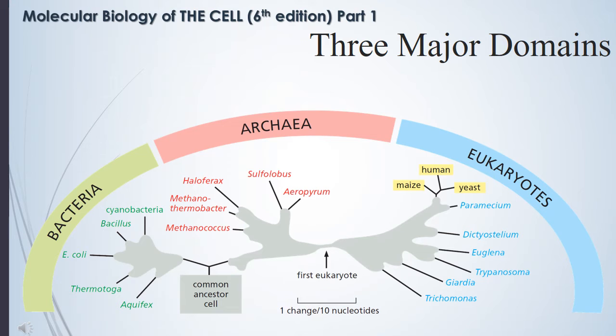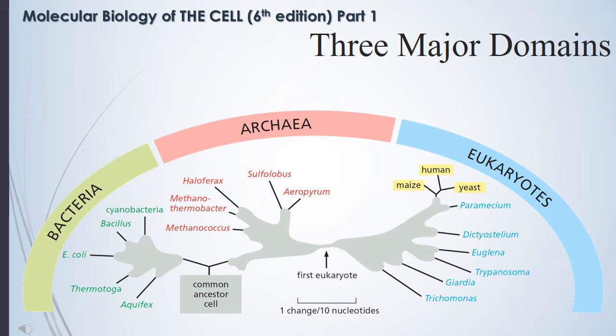So now that we've talked about cells, let's talk about the major domains of living things. In general, we can divide all living things into a group called bacteria, a group of archaea, and a group of eukaryotes. Bacteria being our everyday E. coli.